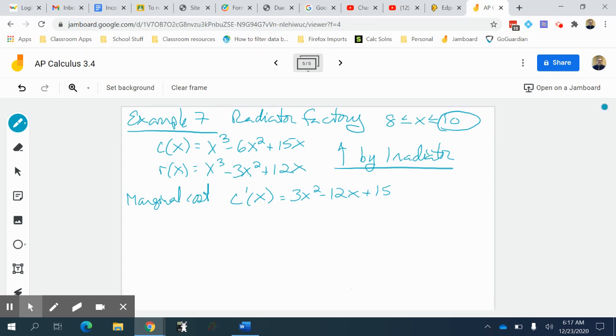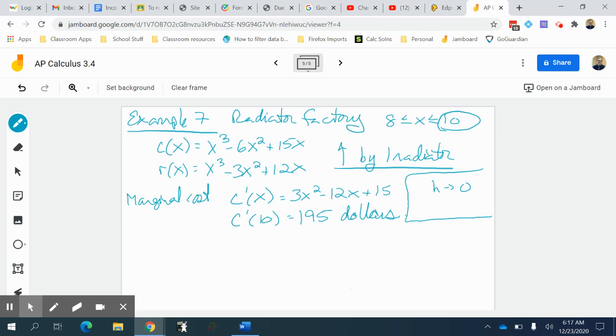And so at the current production level of 10 radiators, this function says that it's going to cost us an extra $195 to increase. Remember, we're talking about as h goes to 0. Well, the next number up is 11 radiators. So it's going to cost us $195 to produce 1 more radiator.